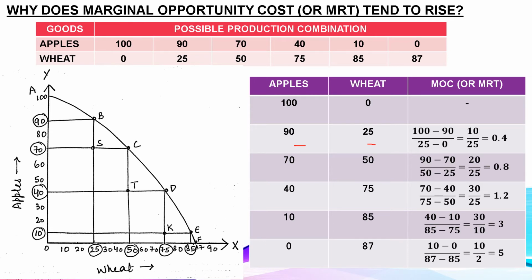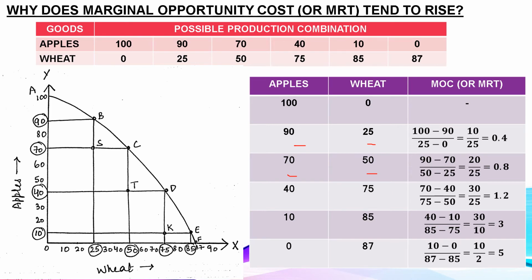Next, when the apples are 40 and wheat is 75, the change is from 70 to 40, and for wheat it is 50 to 75. So we calculate the change: 70 minus 40 upon 75 minus 50, so 30 upon 25 equals 1.2. Next, the production of apples is 10 and wheat is 85: 40 minus 10 upon 85 minus 75, equals 30 upon 10, equals 3.